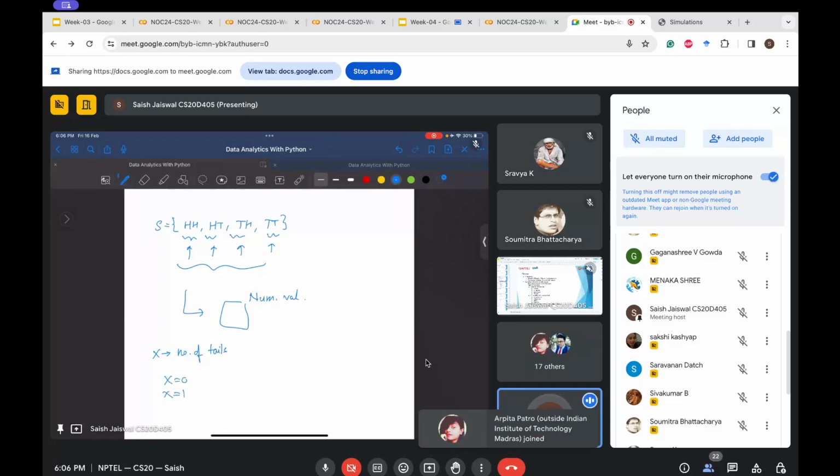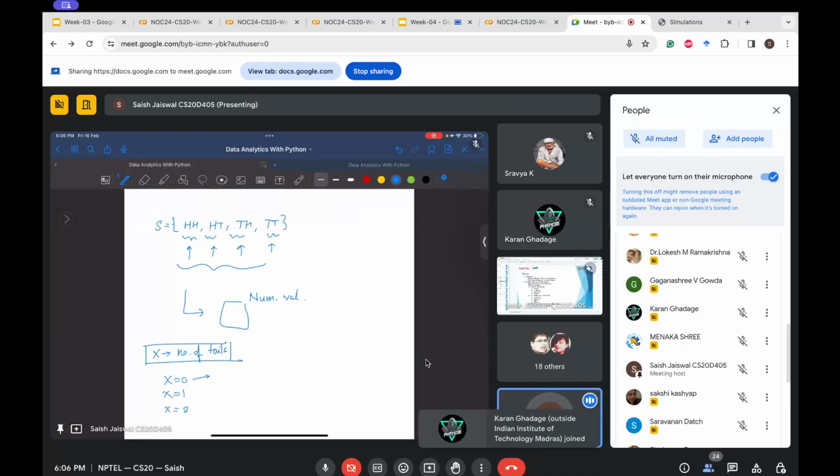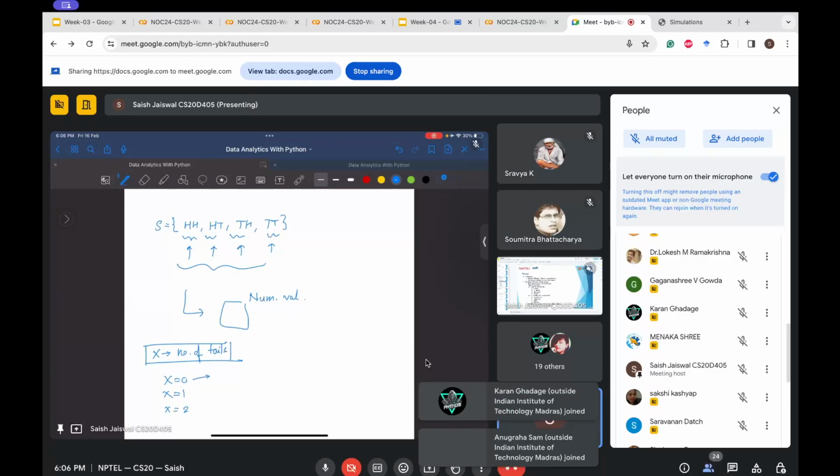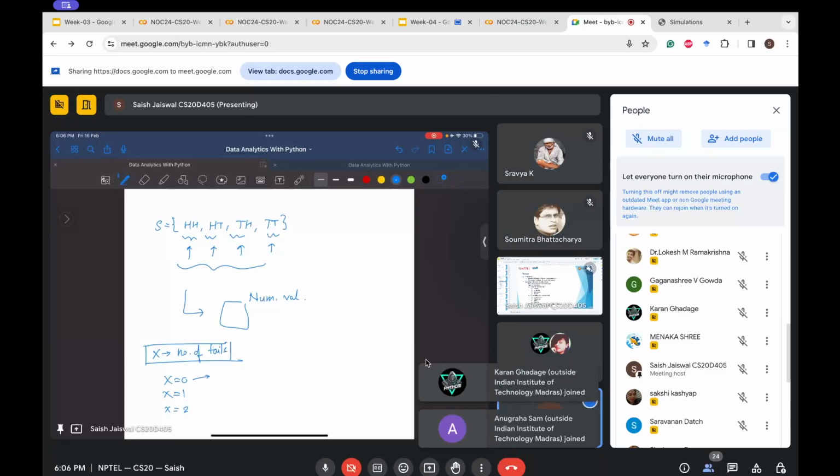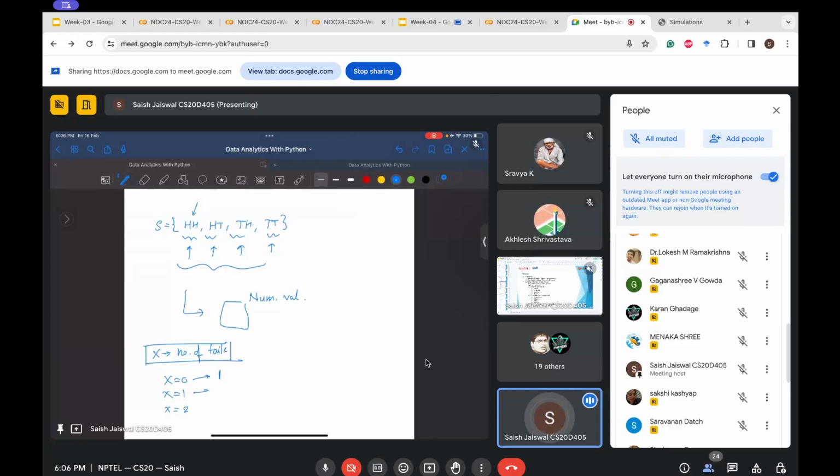I am defining the random variable x as the number of tails. How many instances are there where x is 0, that is, the number of tails is 0? Only one, and that is this HH case. And then x equal to 1.